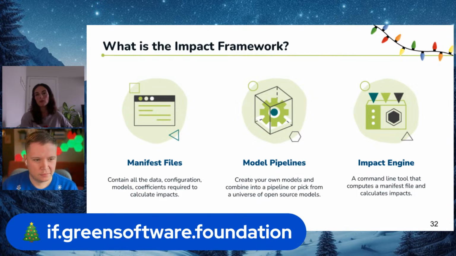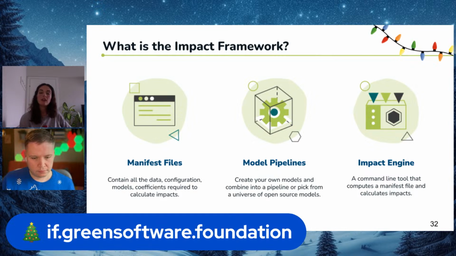So to go into a bit more detail without getting too technical, there are three concepts in the impact framework. The manifest file, which contains raw data or information from where to get the data from. Then we have models, which convert that data to, say, carbon, and we can chain these models together into a pipeline, like a Unix pipe command.